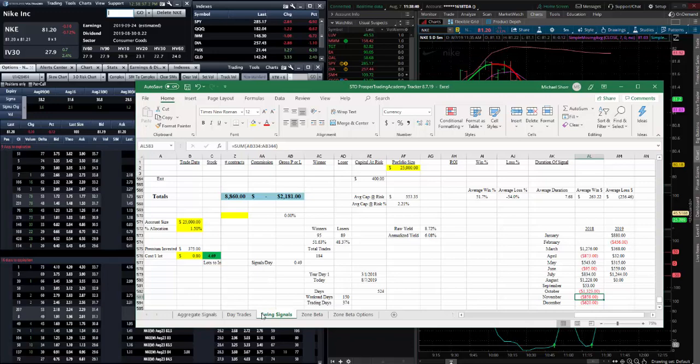What happened after that? Well, we started bringing these back in, and we started allocating less until we got comfortable again. We were allocating 25% of our normal allocation of 3%. Now we're starting to bump it up because I'm more and more confident, at least I was, to allocate 50%.